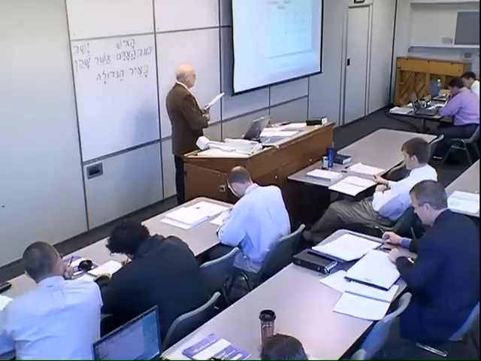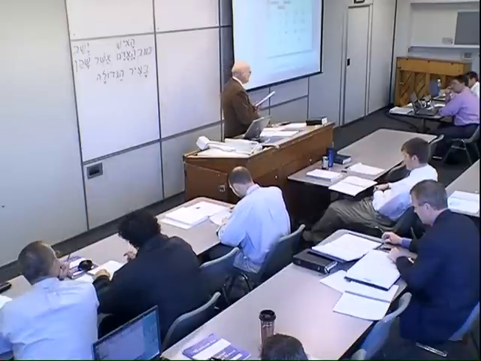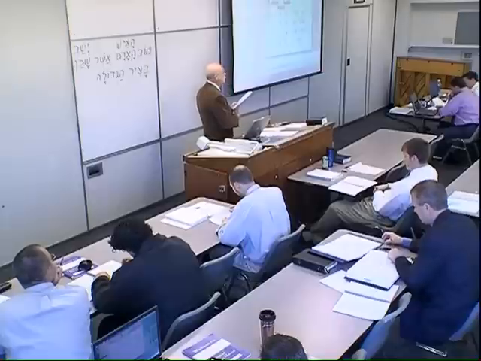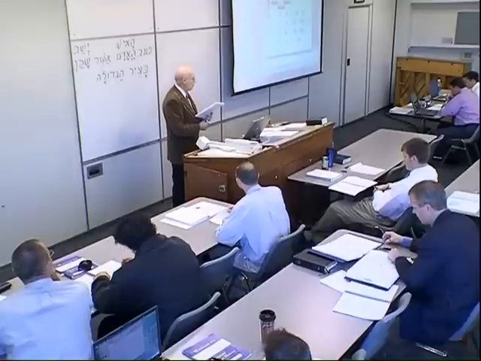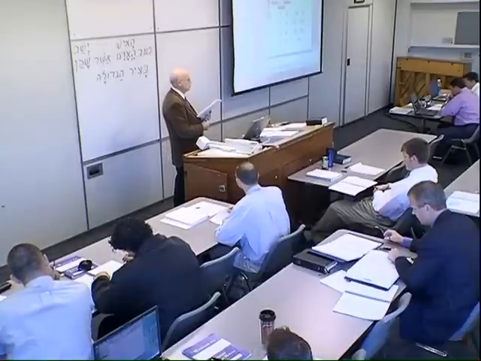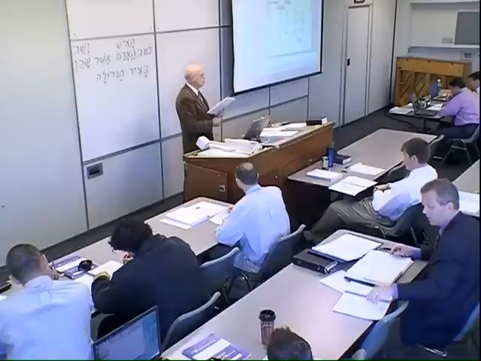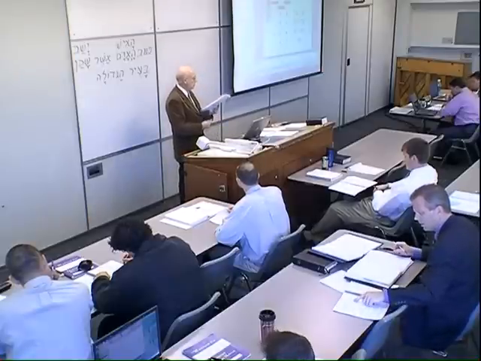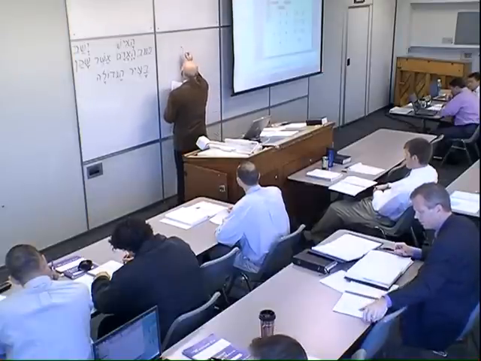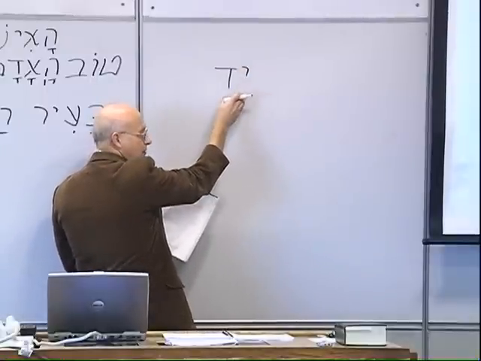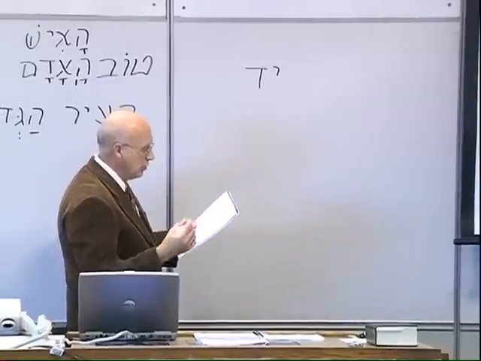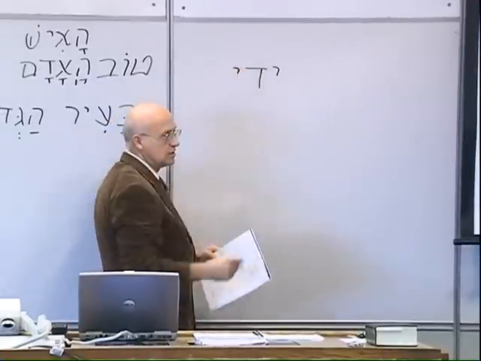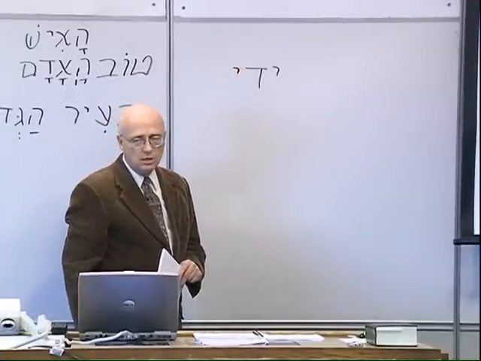Okay, remember when we have a dual like this, yadayim, is there a dual construct? No. No, there is no such thing as a dual construct. So we have to move to a plural construct. All right? So to get the construct, we have to get the main consonants of the noun, which is yad, and we're going to maintain the yod because that is what introduces the plural.